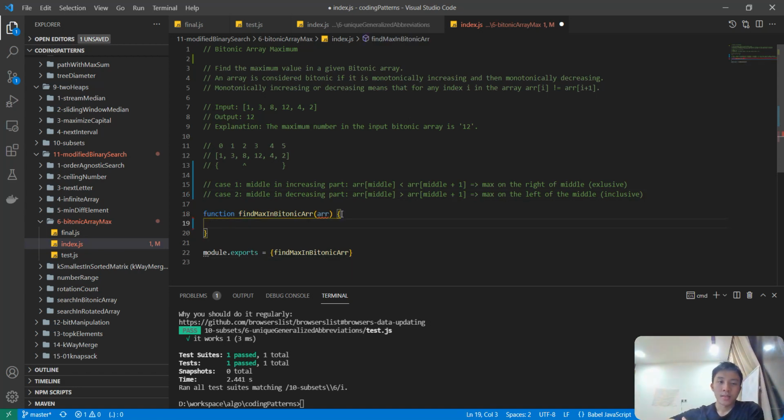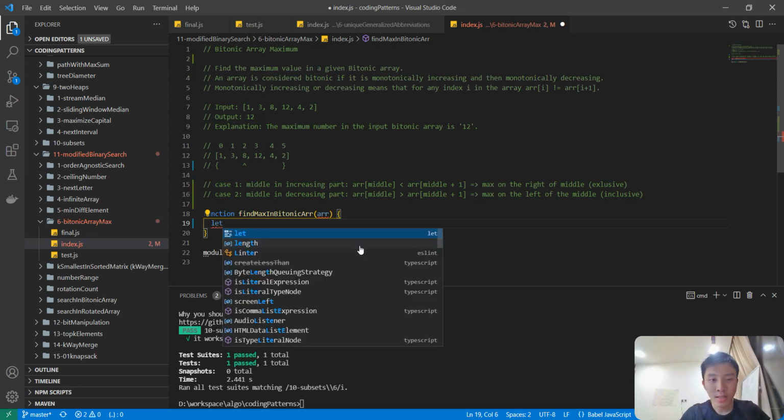Okay, let's try to code it out so that we can really understand it. We use binary search. We need two pointers, left and right.